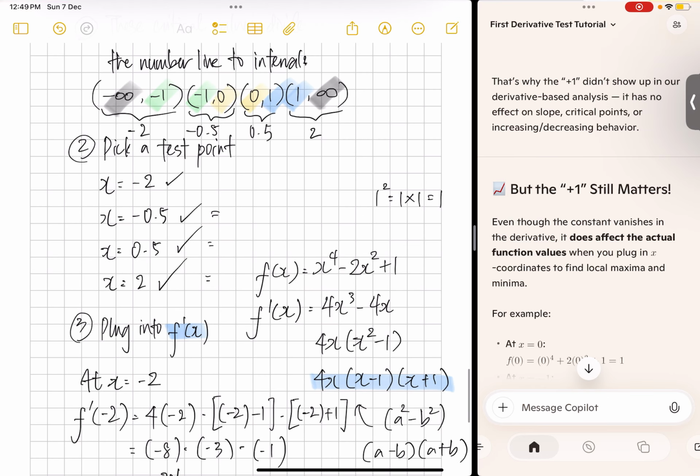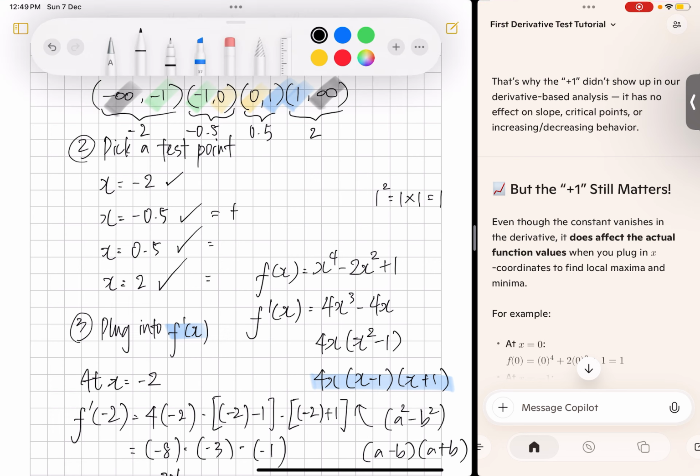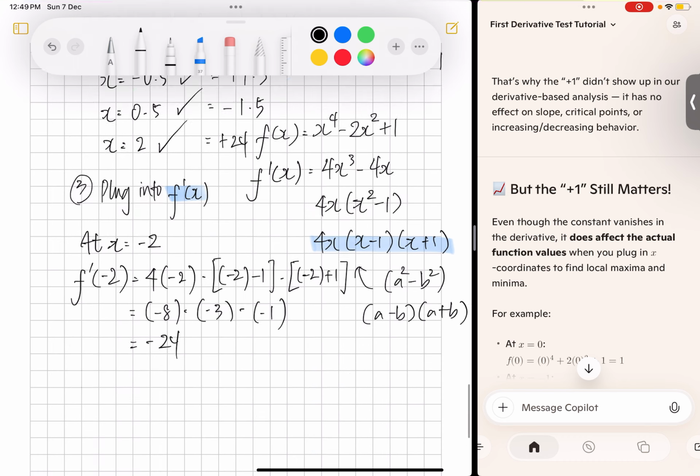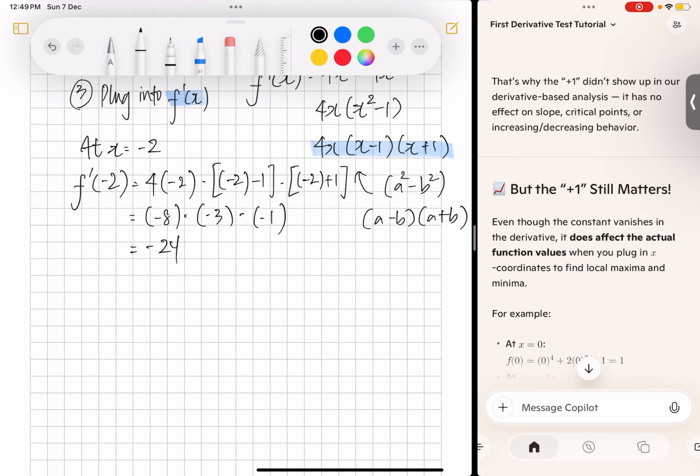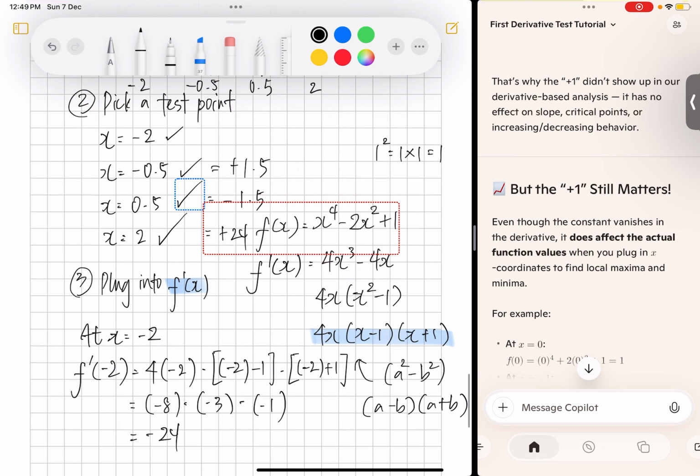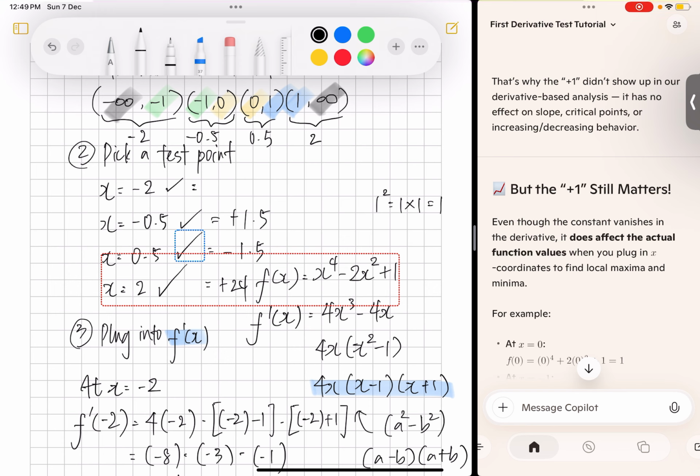And notice how we also make sure to write down the positive symbol. So this is positive 1.5, negative 1.5, positive 24. I'm going to write this one too. This is negative 24.